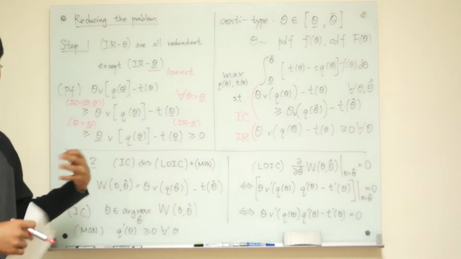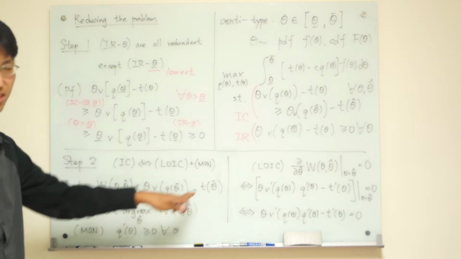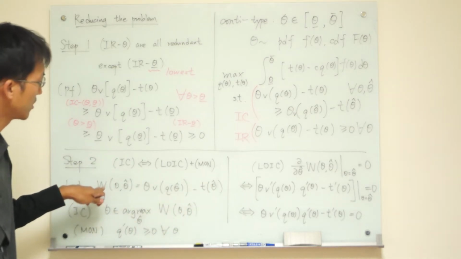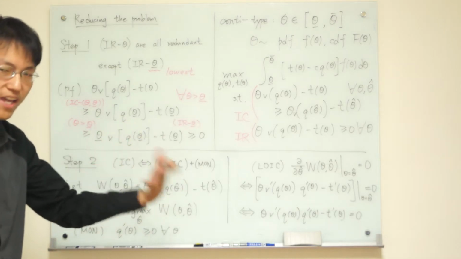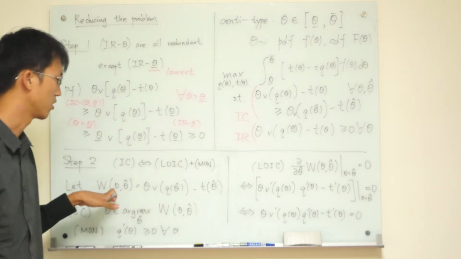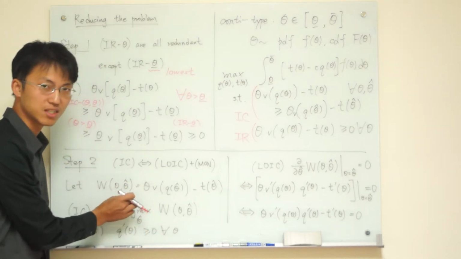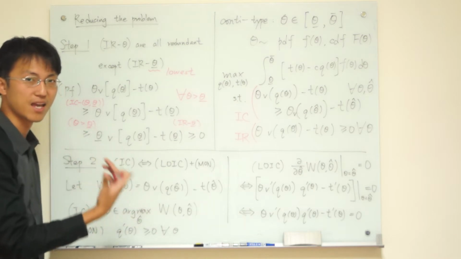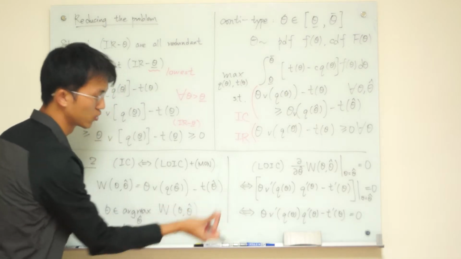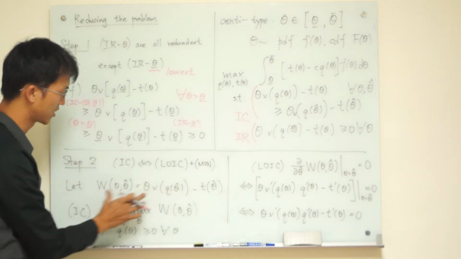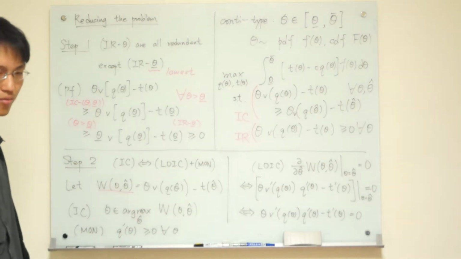First, we need to explicitly tell you what are IC, local IC, and the monotonicity. Let's define this W function as the type theta agent's payoff when he pretends to be theta hat. So he is of type theta, but he pretends to be type theta hat. In that case, we call W his payoff when he does this pretending.